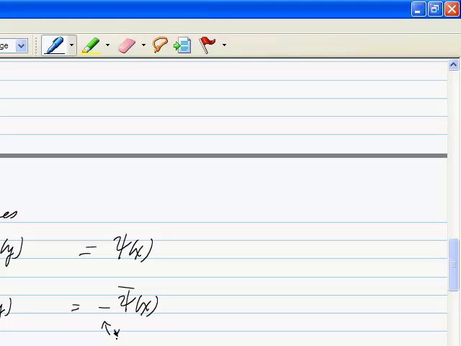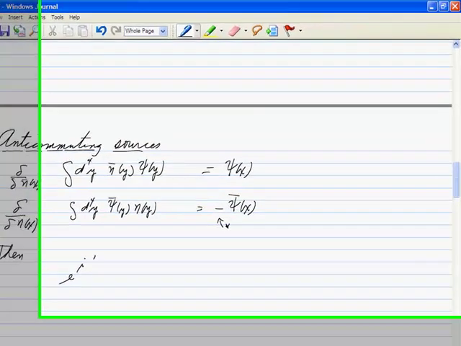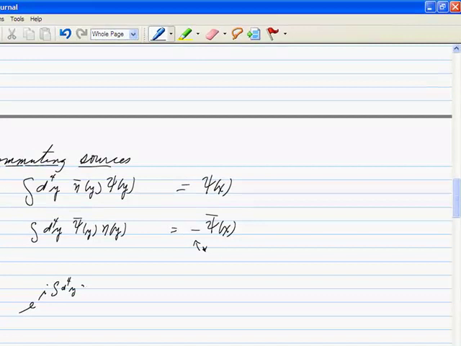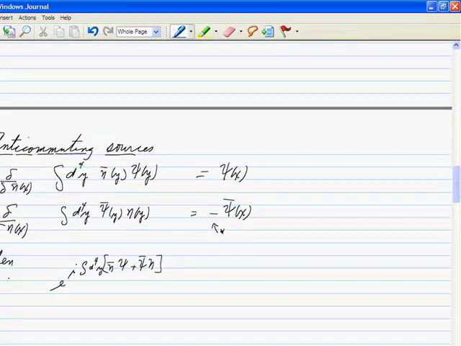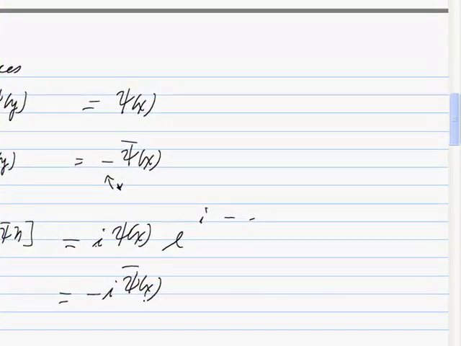Okay, so then when we have e to the I integral d4y eta bar psi plus psi bar eta sitting there in the source terms, and I take delta by delta eta bar of x, that's equal to I psi of x, e to the I stuff again, and delta by delta eta of x of the same thing is minus I psi bar of x.